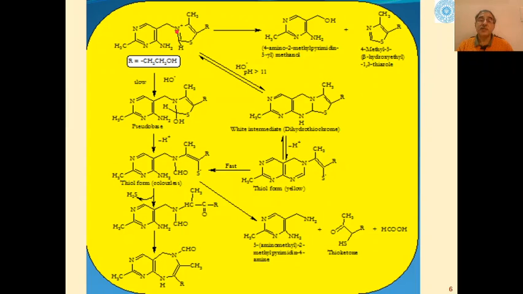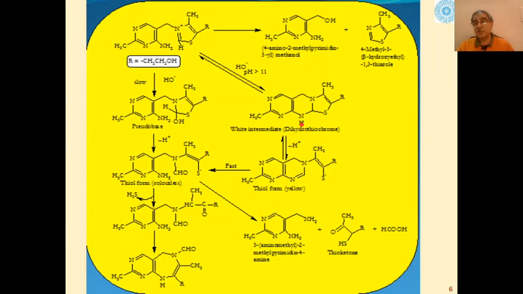This will undergo cyclization, and this positive charge on nitrogen will be neutralized, and this neutral structure is called the white intermediate. Or this white intermediate can be converted into yellow intermediate or yellow thiol form by breaking of this ring.